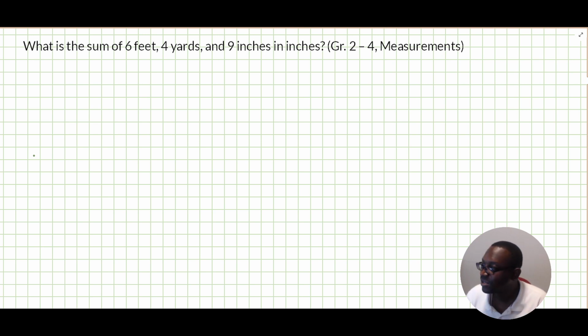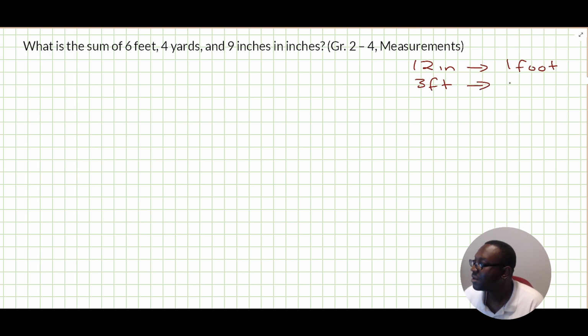All right, let's try this. So we have a few things to take note of here. 12 inches will give us 1 foot, and 3 feet will give us 1 yard.